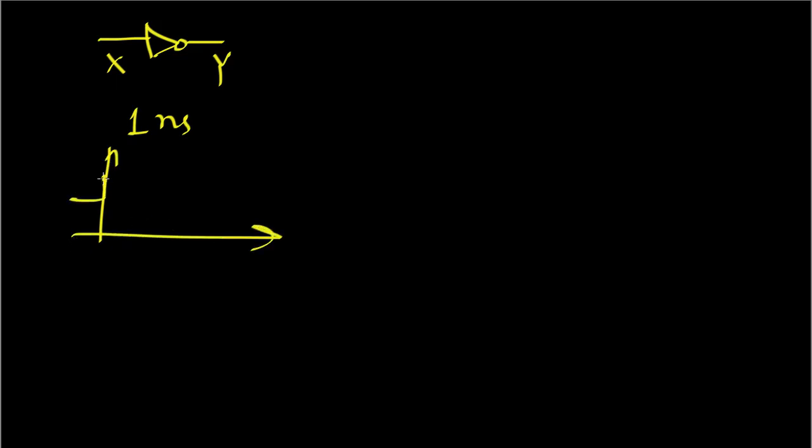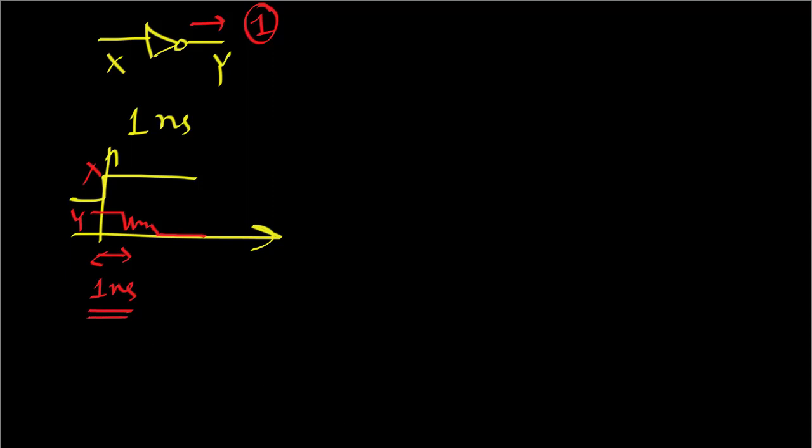Let us say this is our input, and let us say this is the output. So this is the characteristics we have defined. So let us say the output Y for this, our first NOT gate, may start changing after, let us say, 1 nanosecond.